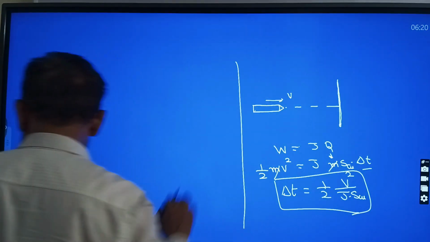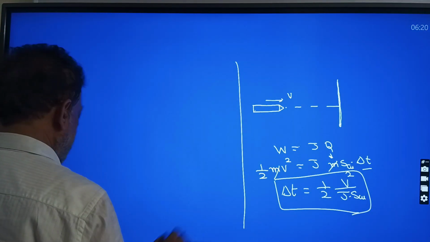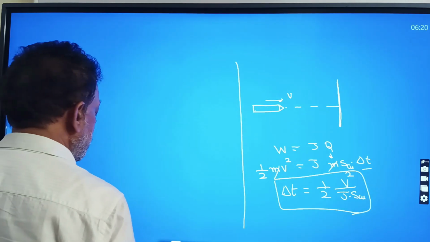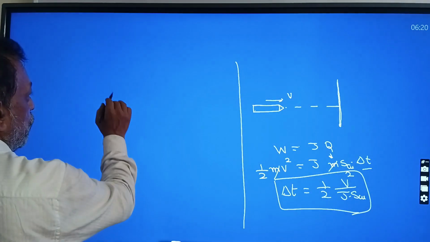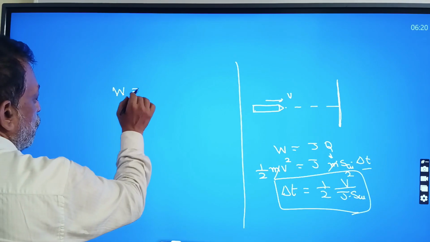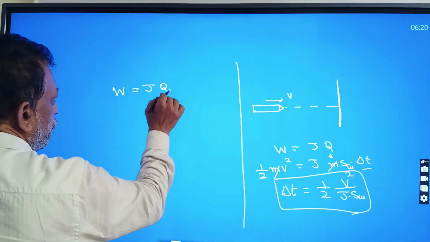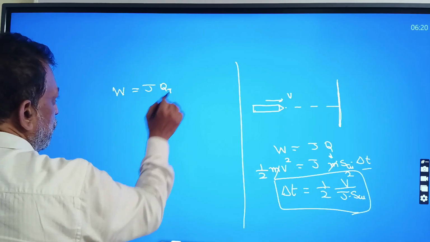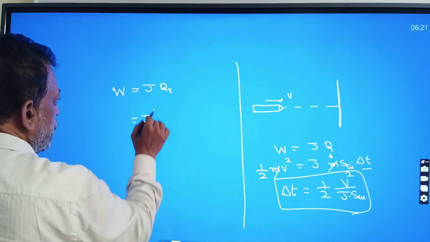Then what do you have to say? Heat developed or temperature developed. So that means W, the work done, is equal to JQ. J is a constant.